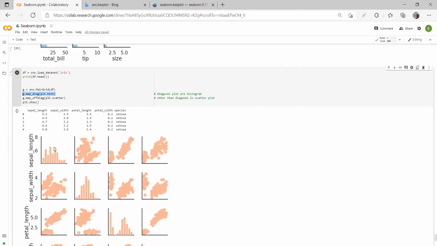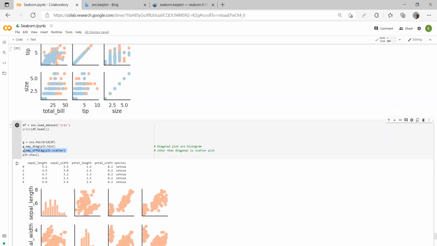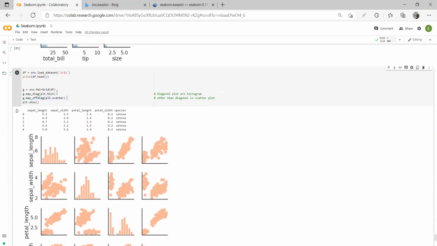You have said that I want a histogram on the diagonal elements, and a scatter plot on the off diagonal elements. Sepal length versus sepal width, and all these things, right? And you can control what you want everywhere, right?